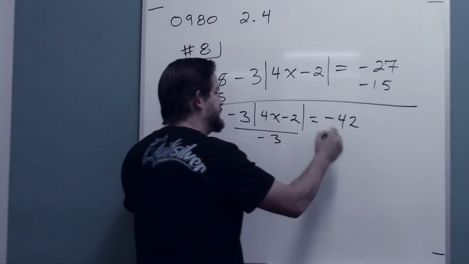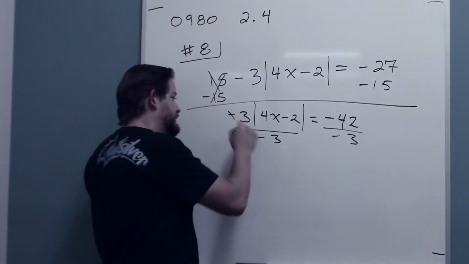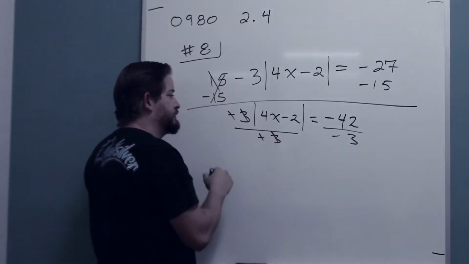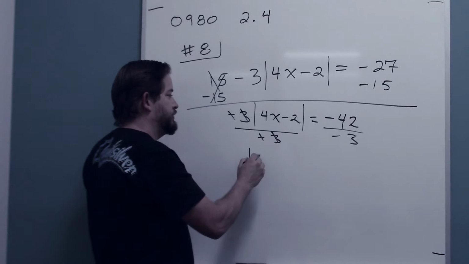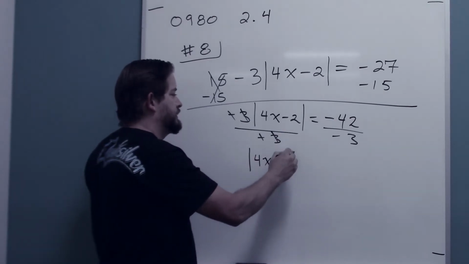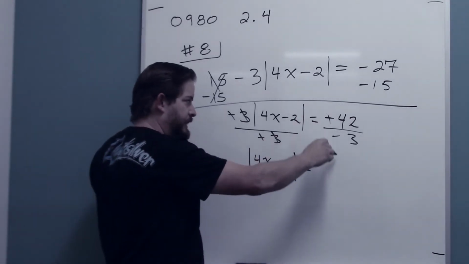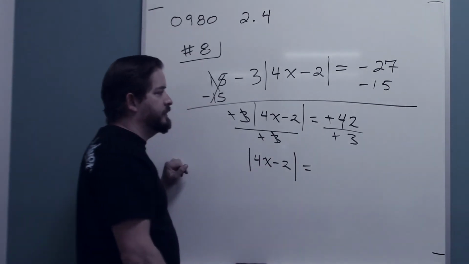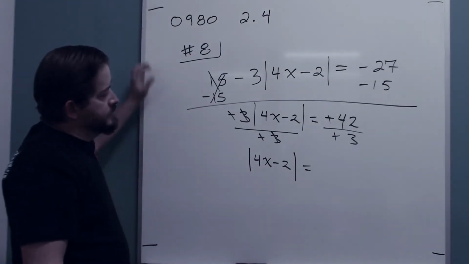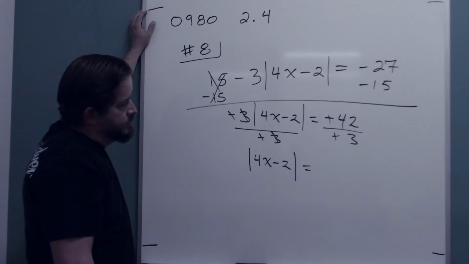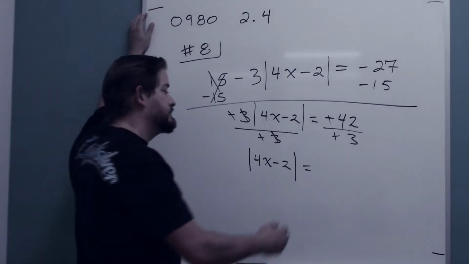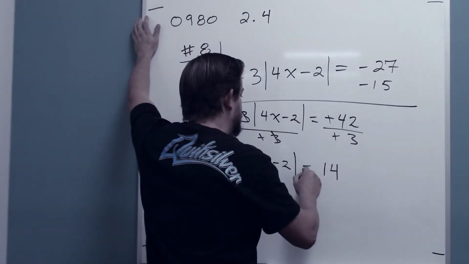So minus 3 divided by minus 3. The 3 cancels out, the negative cancels out. That leaves me with the absolute value of 4x minus 2 is equal to, the negative cancels out here, the negative cancels out there. That is 14.